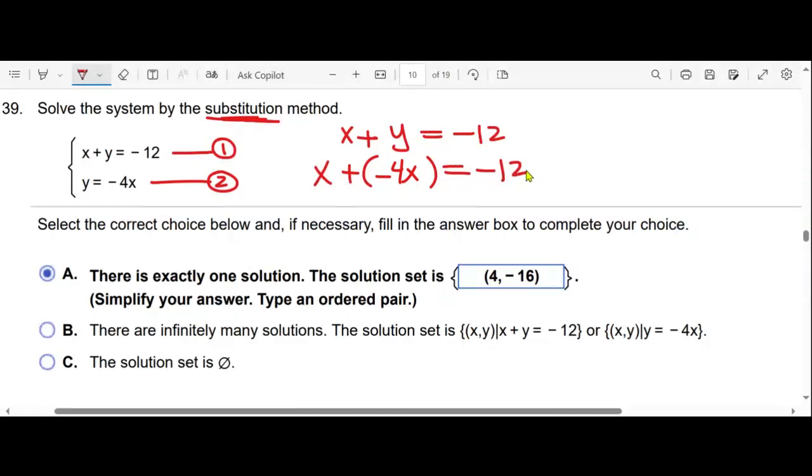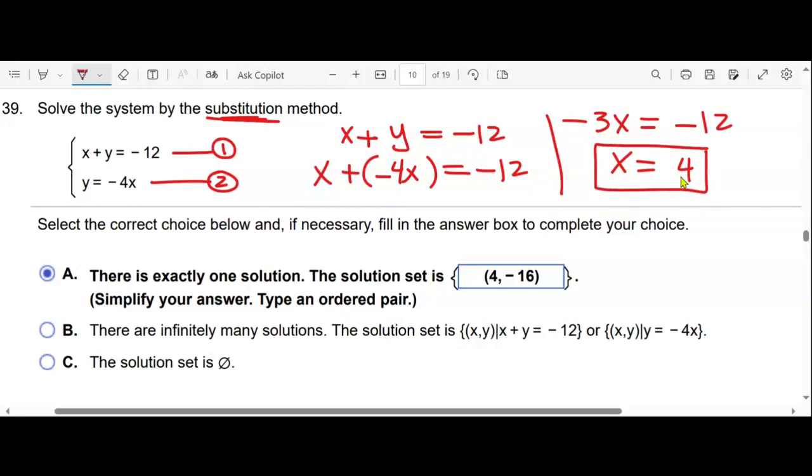Yes. So you're gonna get minus 3x equals minus 12. So x equals 4, because negative and negative is positive. And how much is y? Y will give us minus 4 times 4, which gives 16. So what's your answer? 4 and negative 16. Is this clear? Yes.